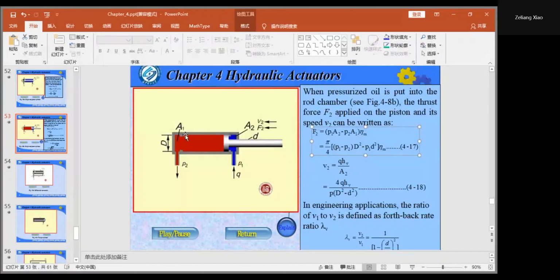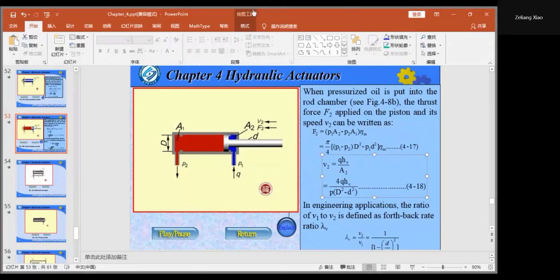A1 equals square step D, and A2 equals square step D minus square d. Then we can multiply the motion speed.